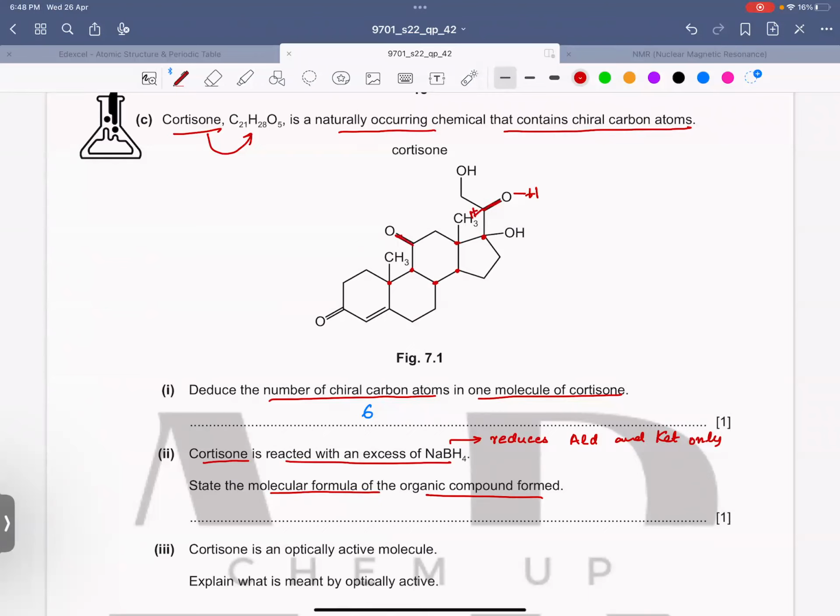Here we have a ketone. It is going to be reduced. One hydrogen added over here and one over here. Here also a ketone. There is no aldehyde in the molecule. So in total, 6 hydrogens are added to the molecule. So we can easily write that it's C21 H28 plus 6 gives you H34 and O5.